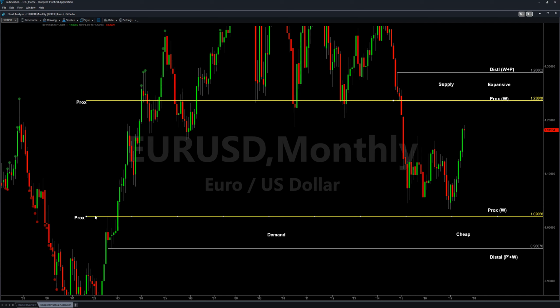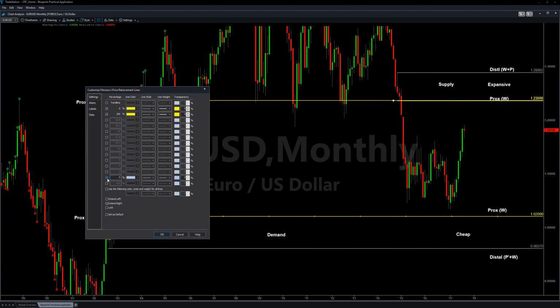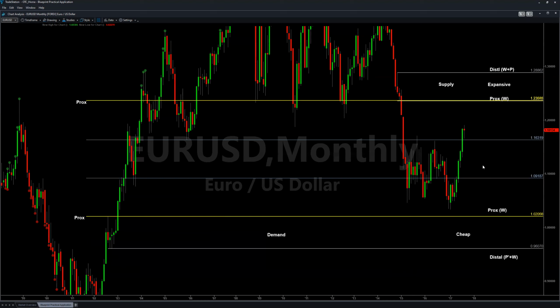And now we will add some levels here, guys. If you use TradeStation or TradingView, you can copy this. It's 33 and 66, right? Yes. We have now 3 parts with the same size, from supply proximal to demand proximal.